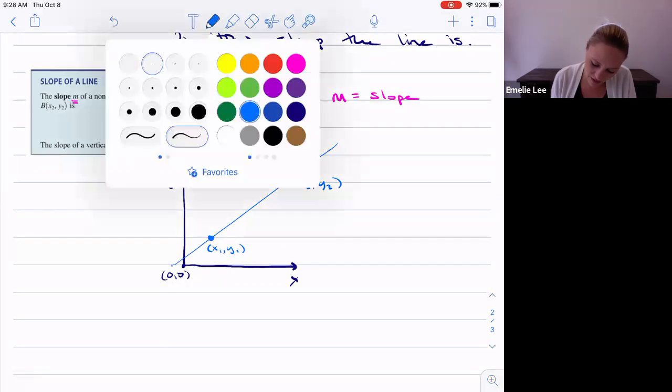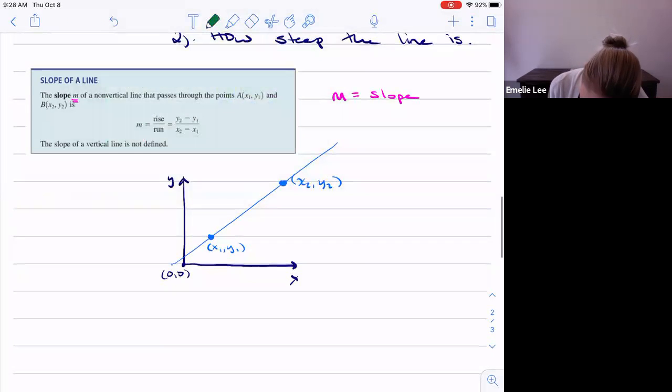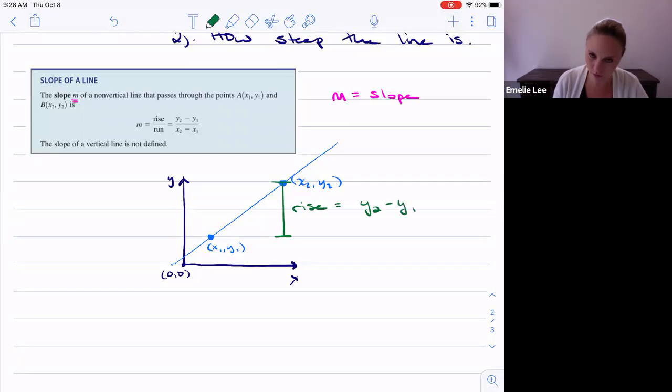So the rise, let's use green, is this distance here, from here to here. The rise is the distance between y2 and y1. Here y2 is larger than y1.